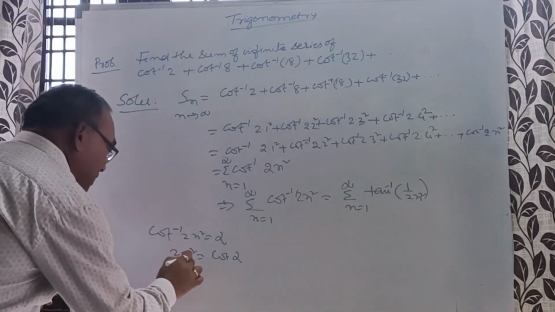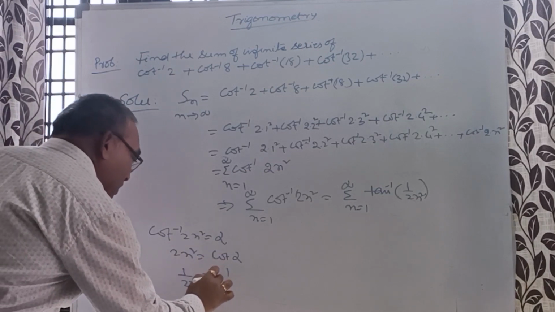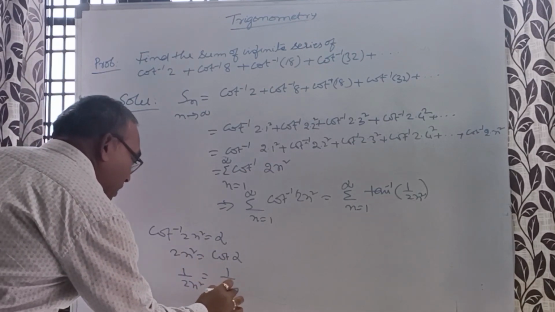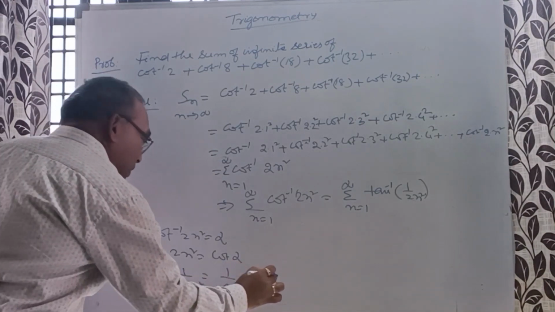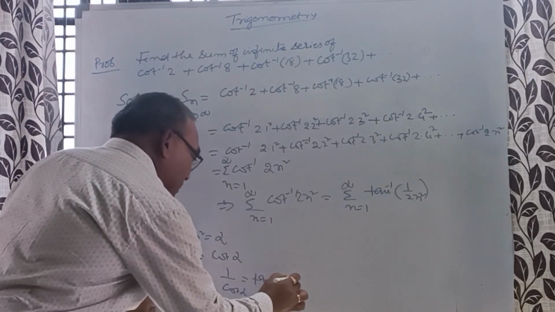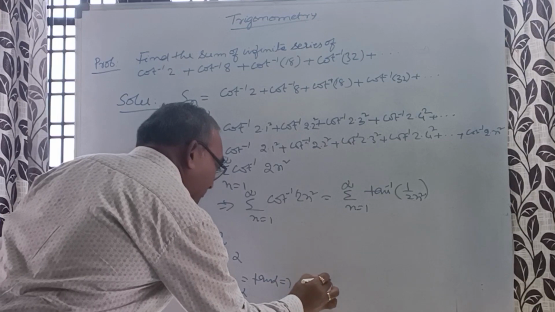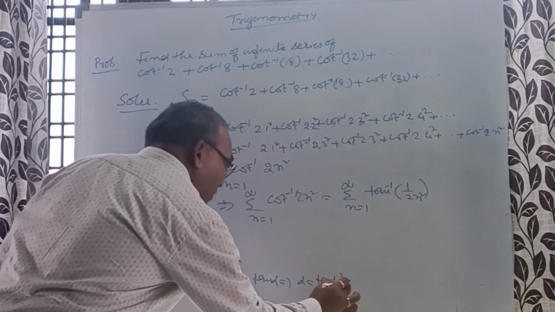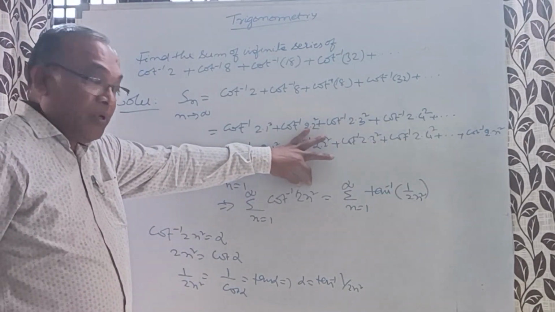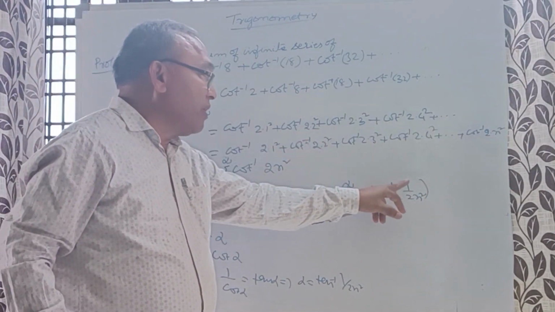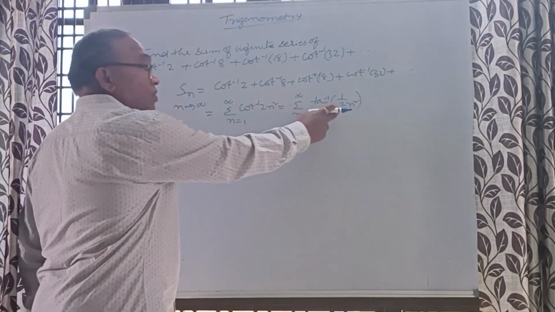Now the opposite of this means 1 by 2n square, which is 1 by cot alpha, can be written as tan alpha. This implies alpha is equal to tan inverse of 1 by 2n square. Like that, cot inverse of 2n square is nothing but tan inverse of 1 by 2n square. We explained this previously.